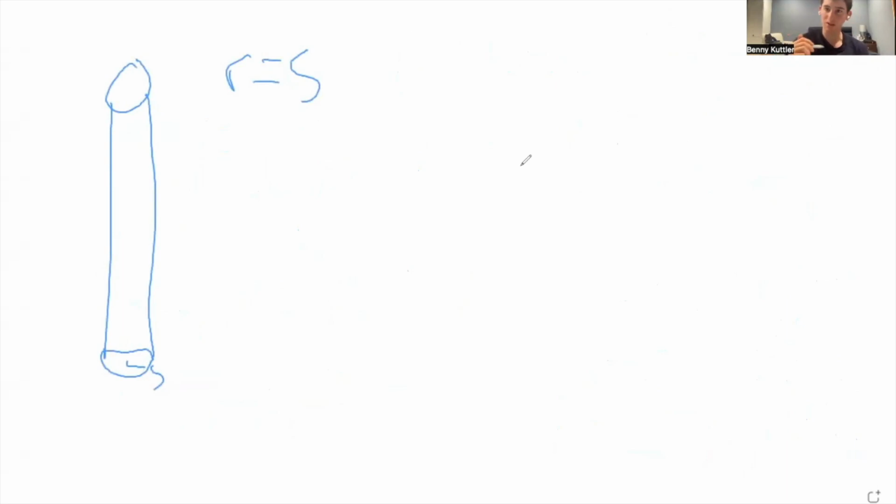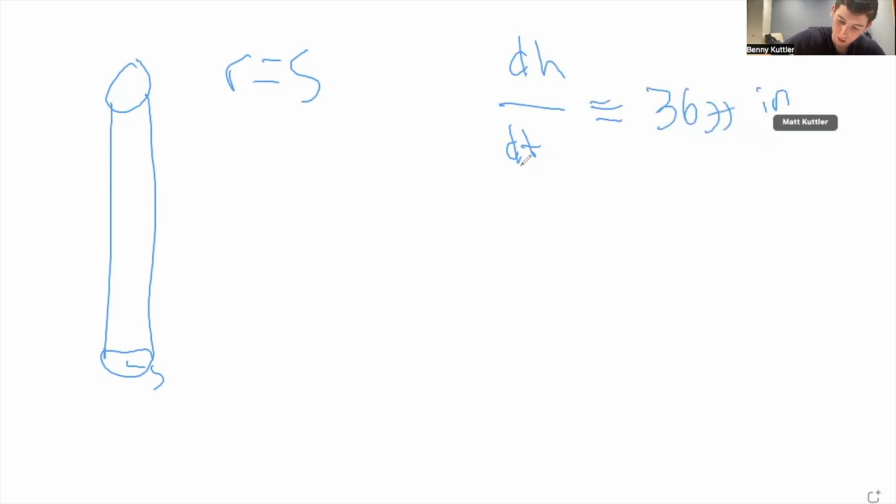So we're going to write this as the derivative of the volume, dv with respect to time. So how fast is the volume changing over time? And they said that that was 36 pi inches cubed per minute.